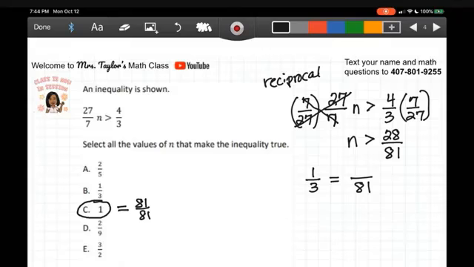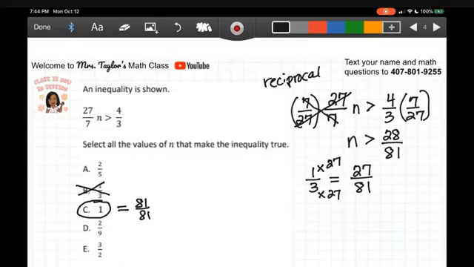That is 27. And so if I multiply my denominator by 27, I need to multiply my numerator by 27. So 1 times 27 is going to give me 27. So I already know that this number here, 27 over 81, is less than 28 over 81. So I'm not going to pick that as one of my answer choices. So let's eliminate answer choice B.